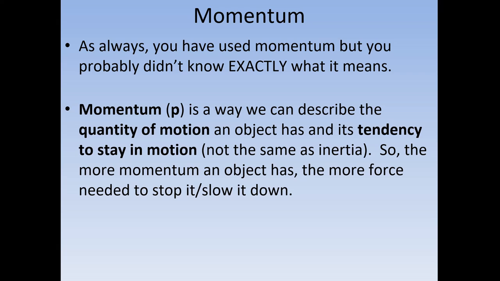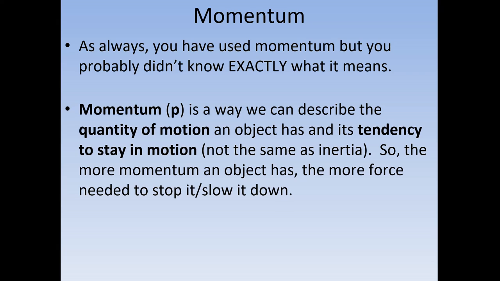The more inertia an object had, the more force was needed to start that motion, or if it was already moving, more force was needed to change that motion. Momentum's the same thing, except now it's related in addition to the motion. So instead of it just being a characteristic of the material on hand, it also takes into account the motion that the object has.